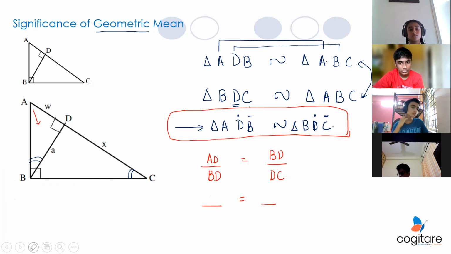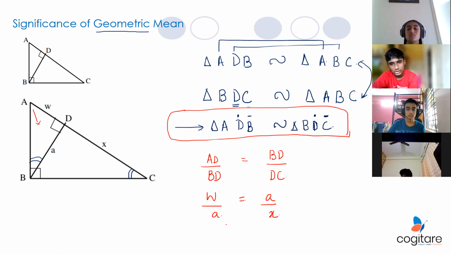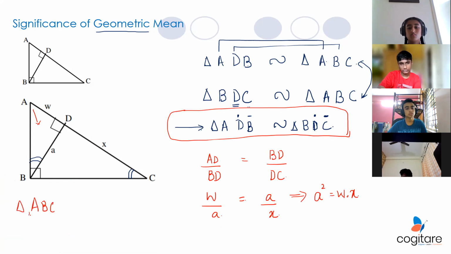AD is W. W by BD is A, by DC is X. Right, people? Now, look at this. Doesn't this imply A squared is W into X? By the way, for the right triangle ABC, what is BD? Can somebody tell me?